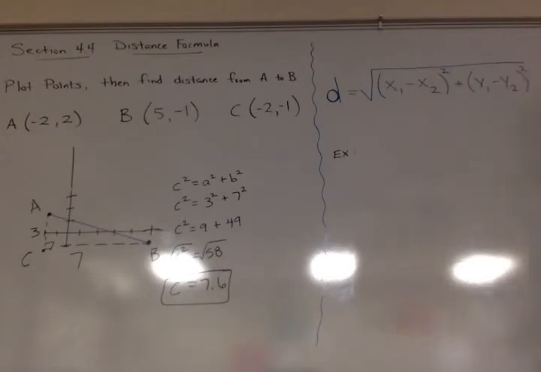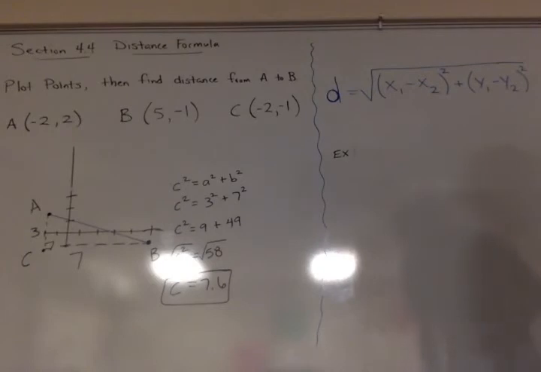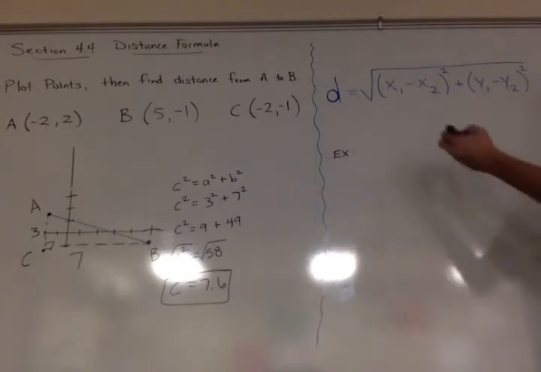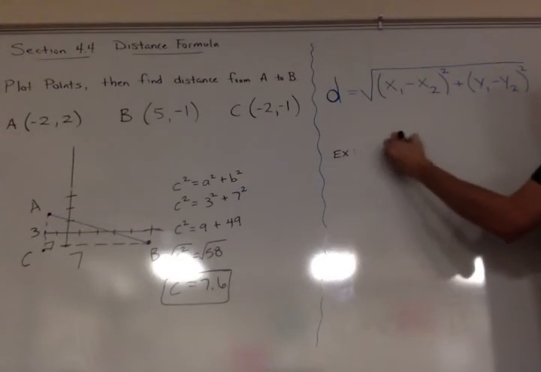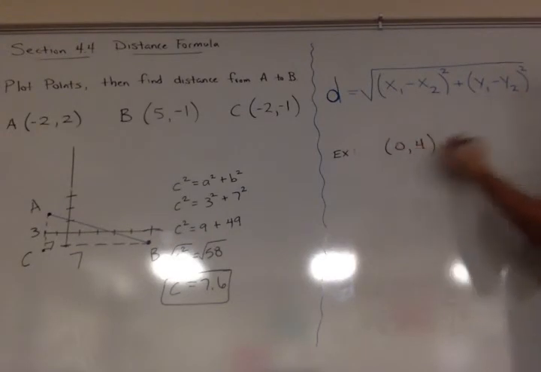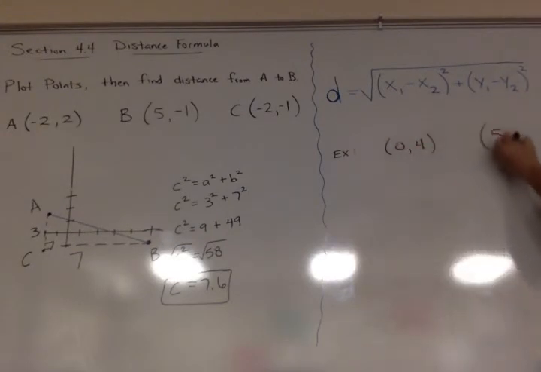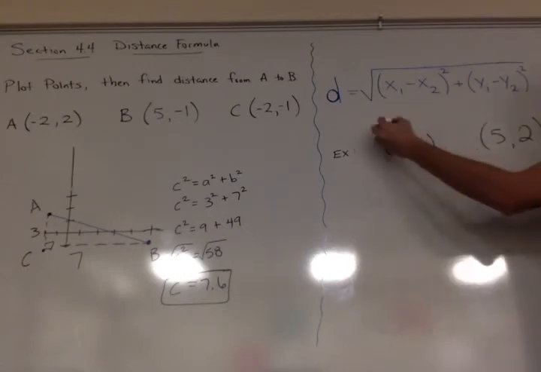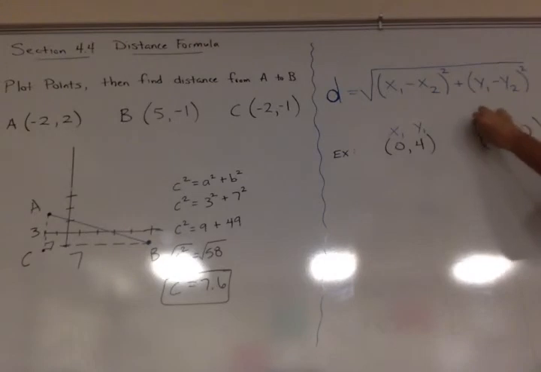The 2 coordinates we'll use this time are 0, 4 and 5, 2. Again, we'll substitute these into the formula. We can label this x1, y1, x2, y2.